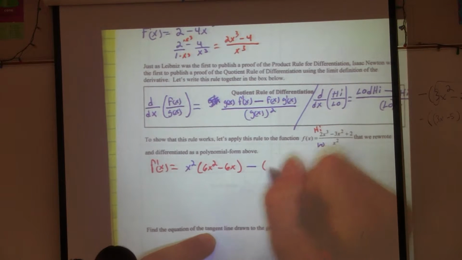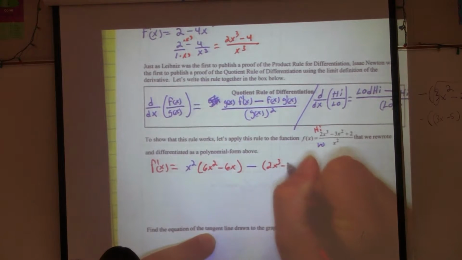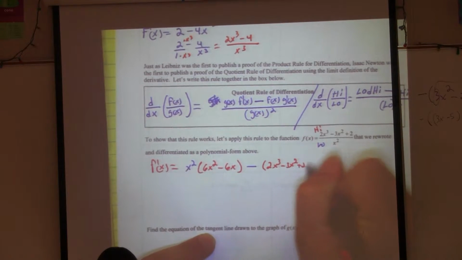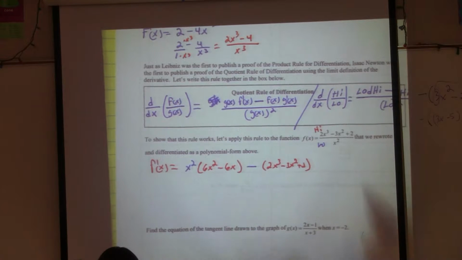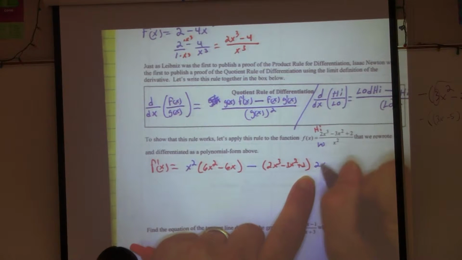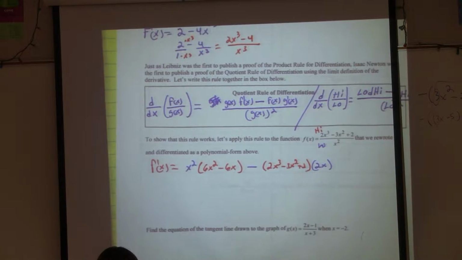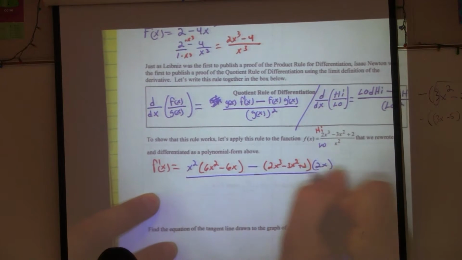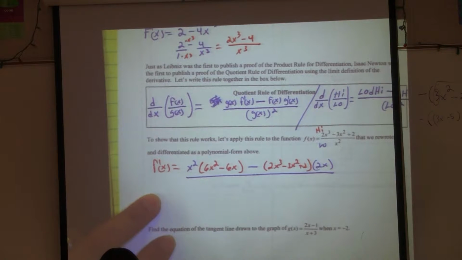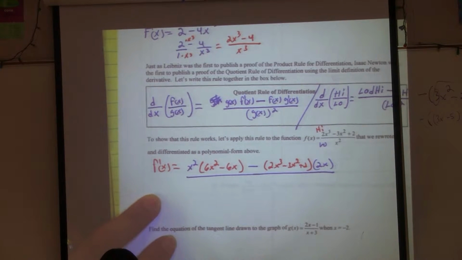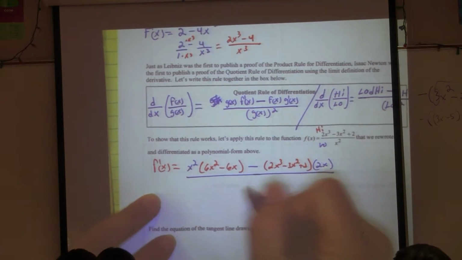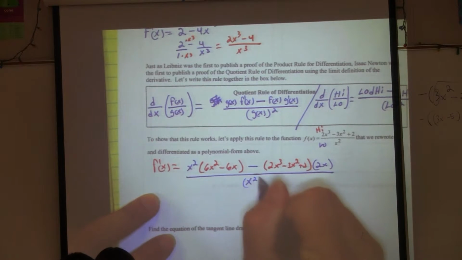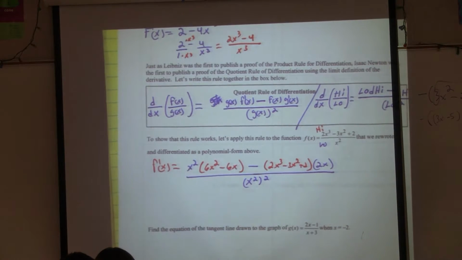High, which is 2x to the third minus 3x squared plus 2, times D low, which is 2x, all over low squared, so x squared squared, which is x to the 4th.